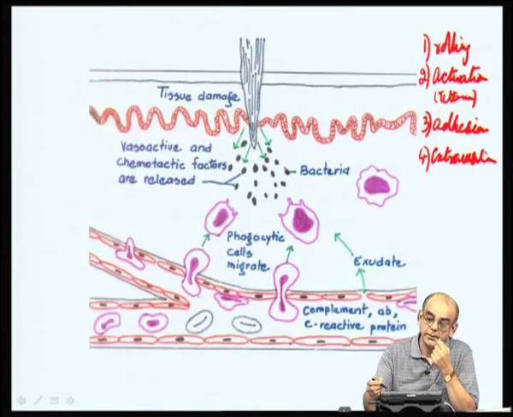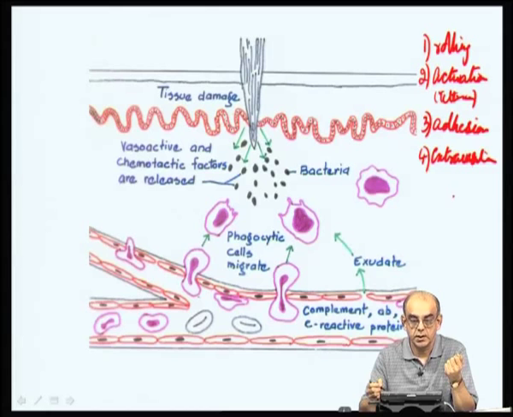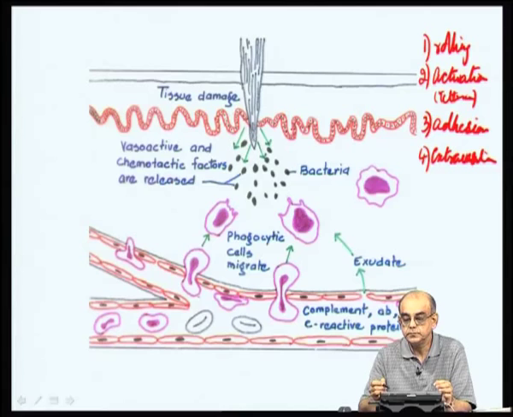So, there are 4 steps to this process of cells finding their way from inside the blood vessel towards the site or the locus where there is infection.